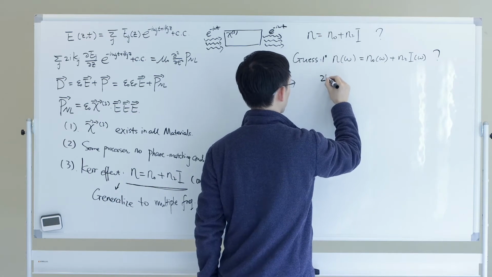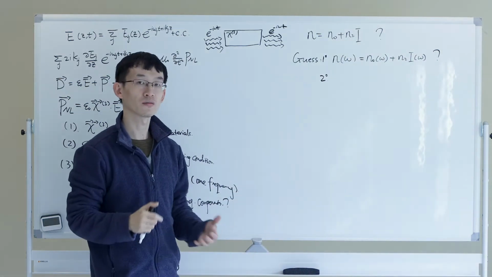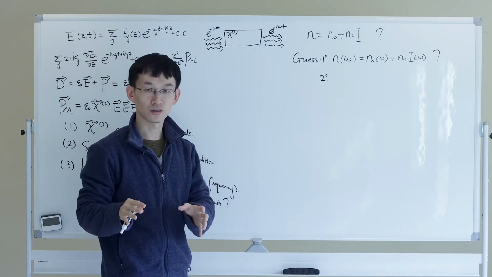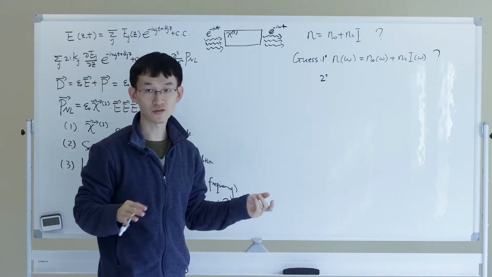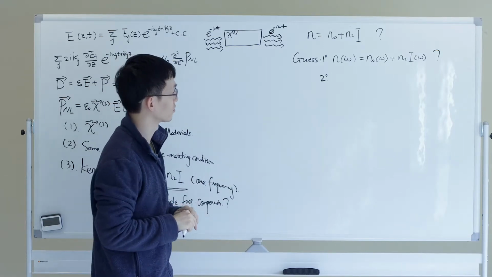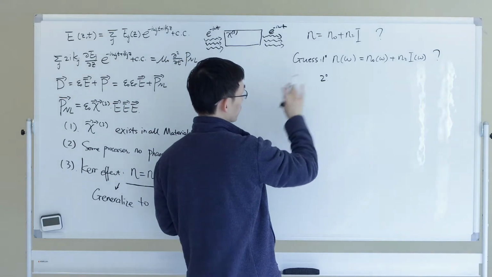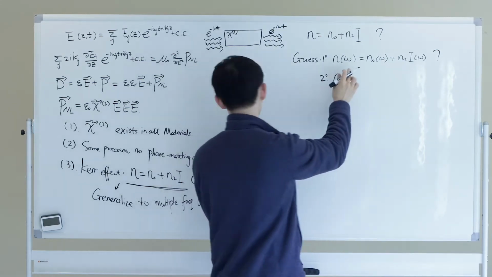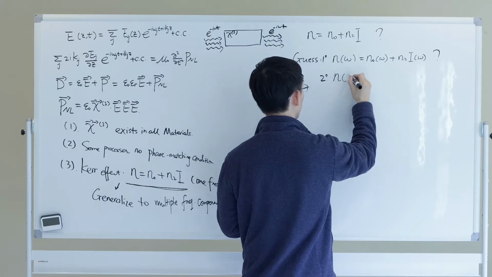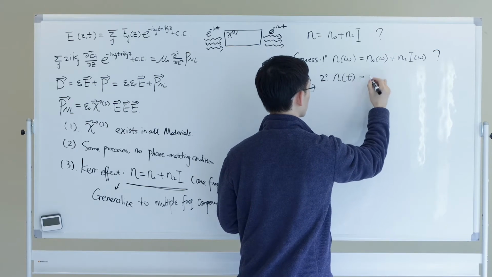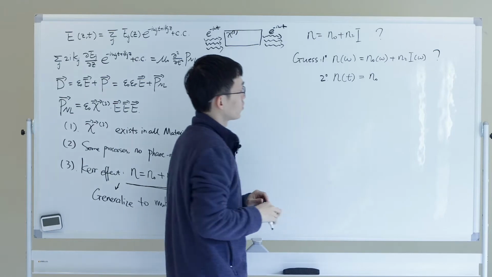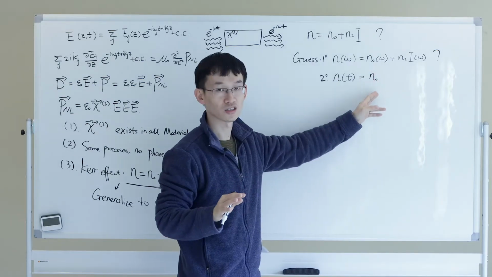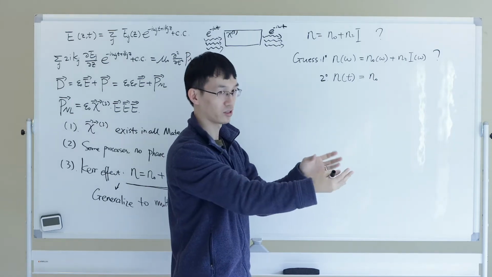The other possible guess is that whenever you write something down in frequency domain, you can always link that to time domain because there's a Fourier transform. You guys are electrical engineers, you must be very familiar with that. So the counterpart of this is that your refraction index, not at a specific frequency but at a specific time, equals n naught. Well, the original refraction index is not changing with time, because it's a material sitting there.